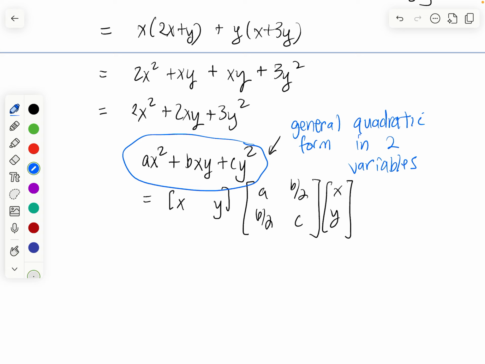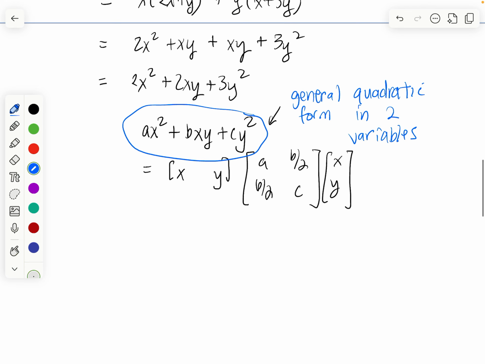And notice that if you look at the degree of these terms, you have an x squared, which is degree 2. X times y is, well, x has degree 1, y has degree 1, so degree 2. And then y squared is degree 2. So you can think of a quadratic form in two variables as a sum of degree 2 terms.